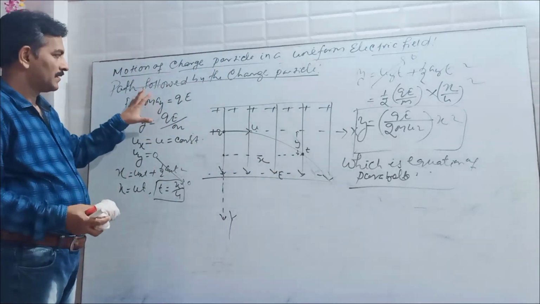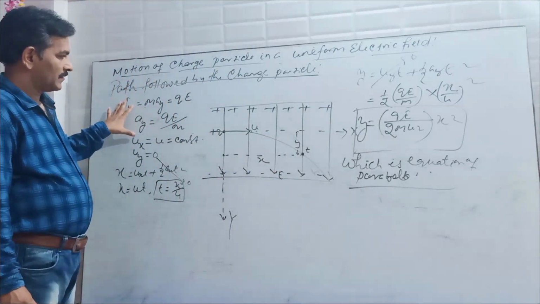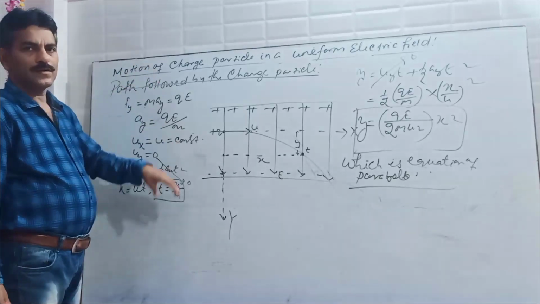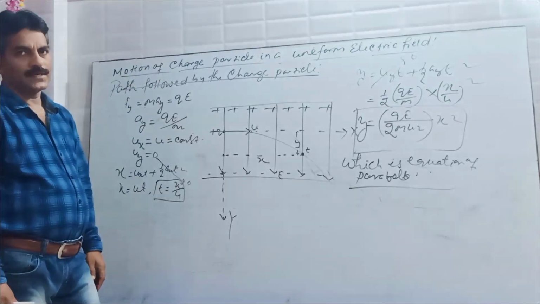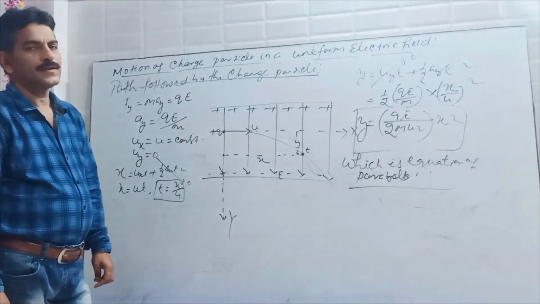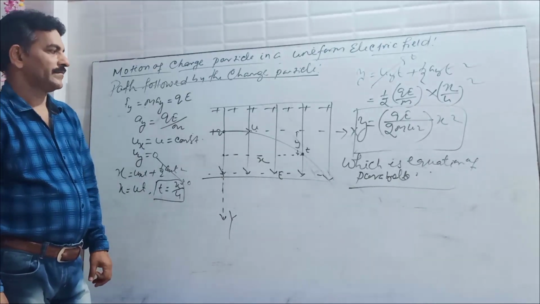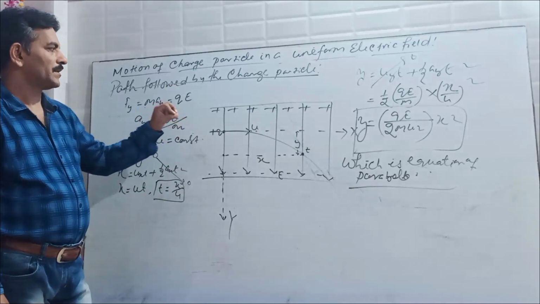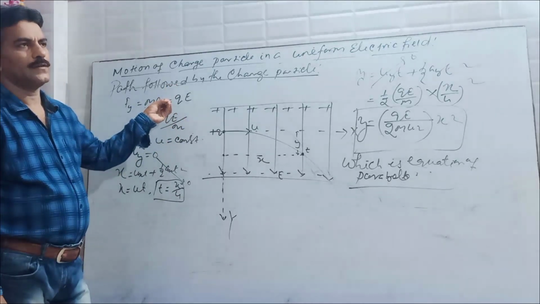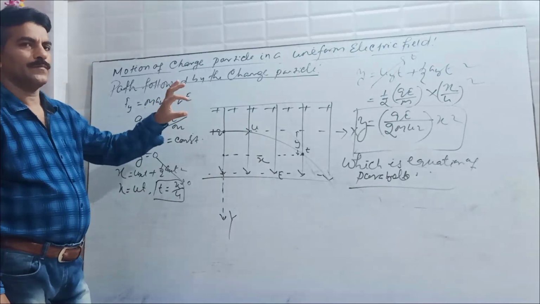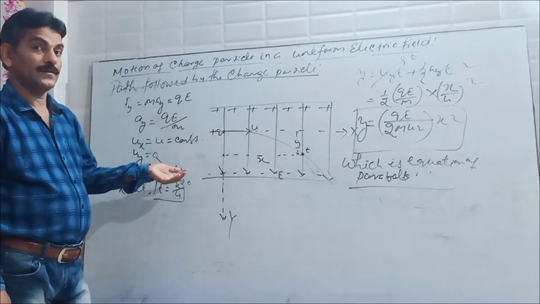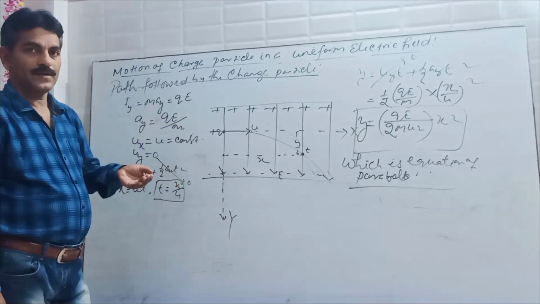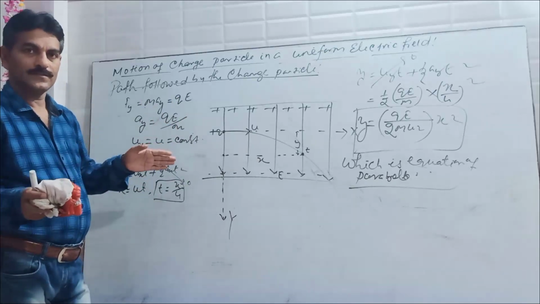This is all about the motion of a charge particle in a uniform electric field. From these explanations, we have concluded that if a charge particle enters either parallelly or antiparallelly to a uniform electric field, it will describe a linear path.